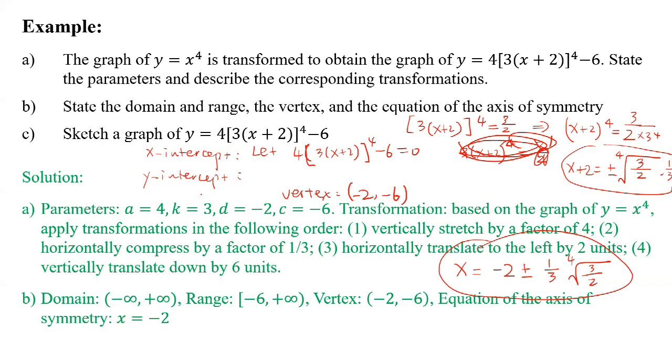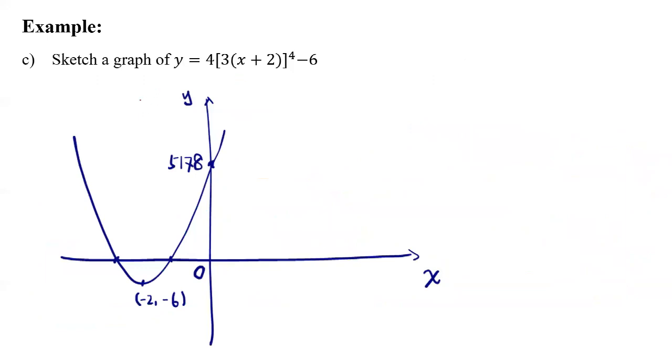So how about the y-intercept? The y-intercept is simply let x be 0 and find the corresponding y, right? And if x is 0, we know that y is 4 times 3 times 2 to the 4th minus 6. This is 5178, right? Okay, so if we use all of the information, we can draw the graph of the new function like this.